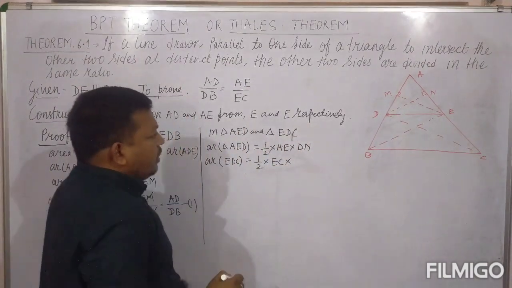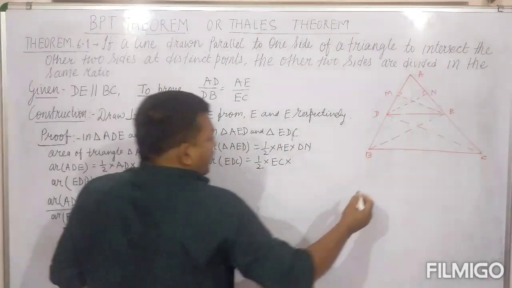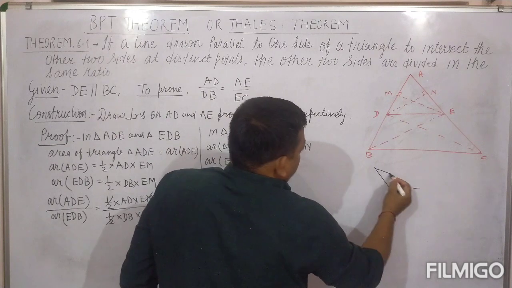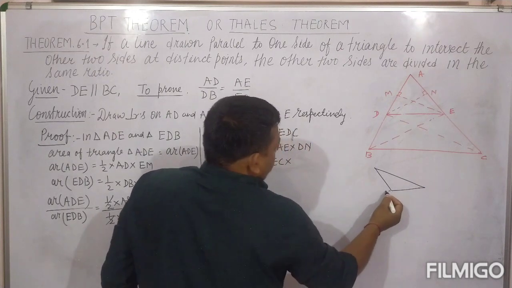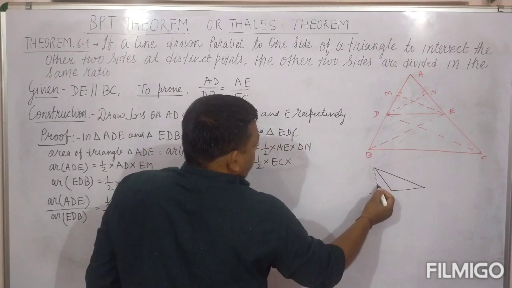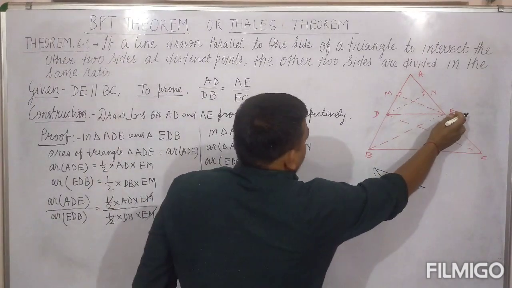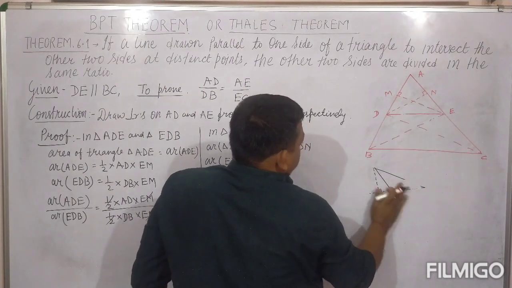And what is the height? Similarly, as we took previously the height of an obtuse angle triangle, we produce the base and draw a perpendicular on the produced line. So this is the height. Similarly, the height will be DN.